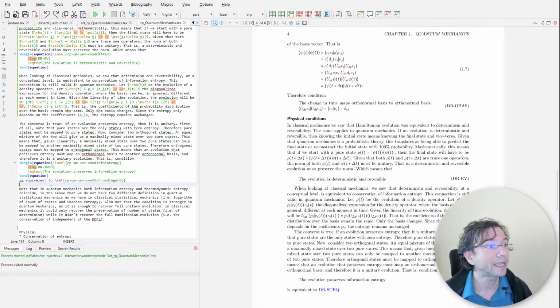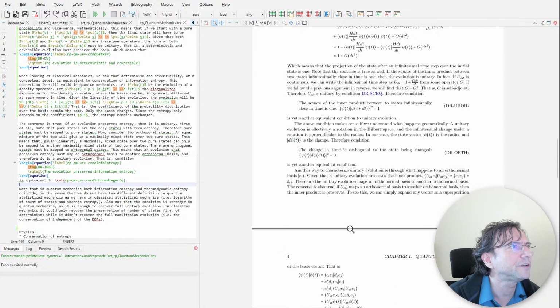But we can appeal to quasi-static evolution, making small transitions that are reversible.